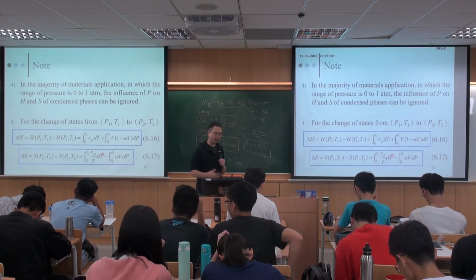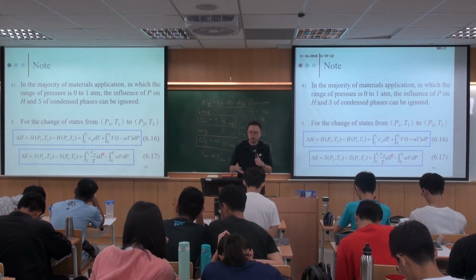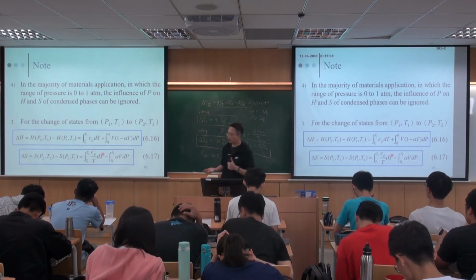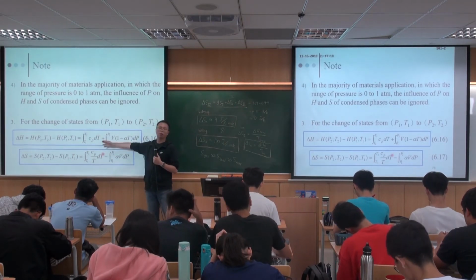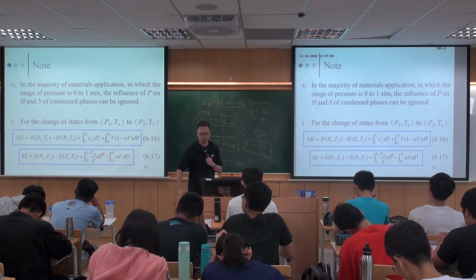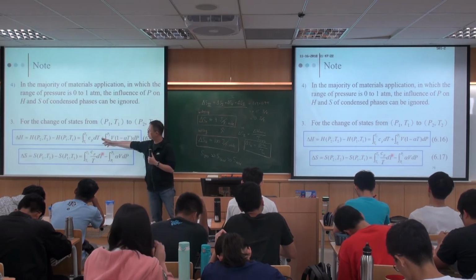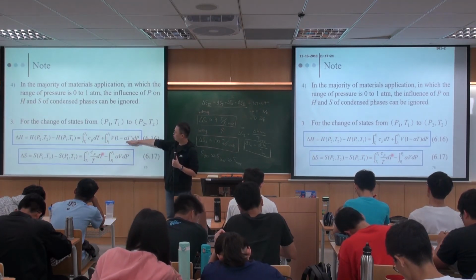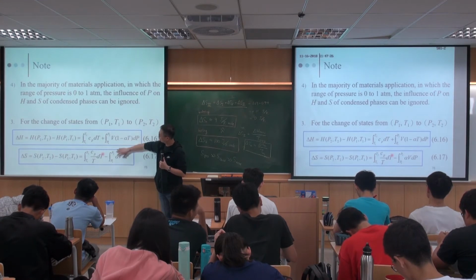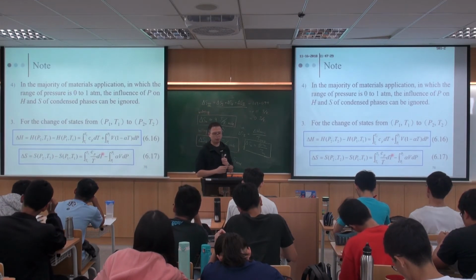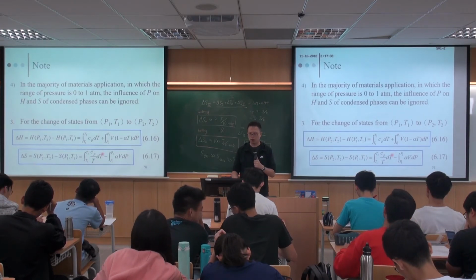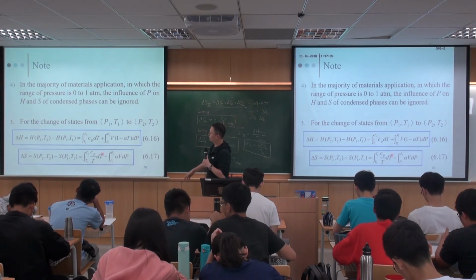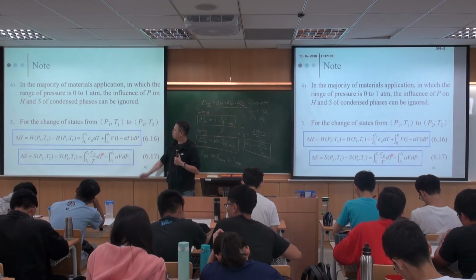That's the reason why last week when I said that this chapter is only about these two equations, I only wrote down the first term for each equation. This term and this term are not that important, although there might be one or two problems asking about the calculation of these two.